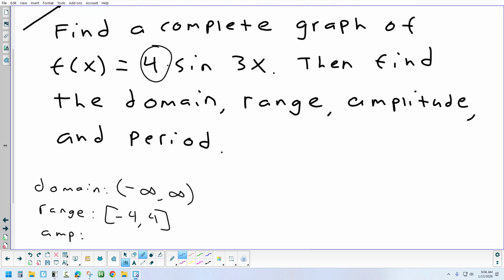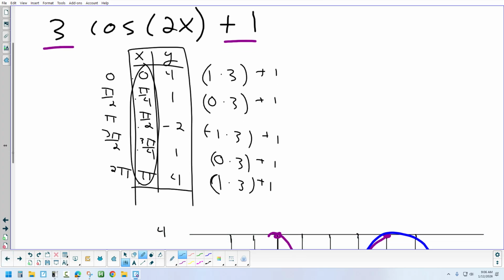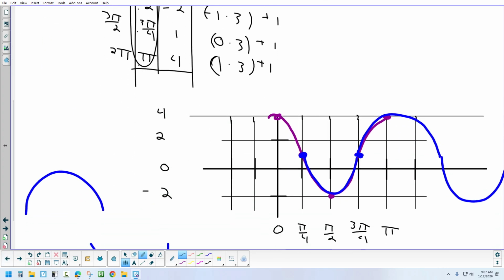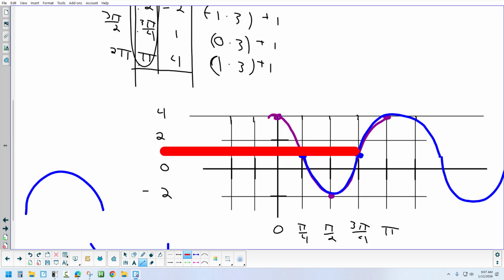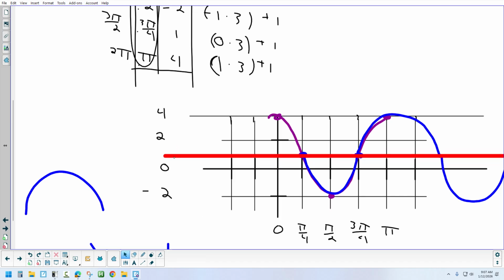Amplitude. Now, you can't always assume that the amplitude and the highest value in the range are the same. If you look at this problem, the center line for this one is right here.